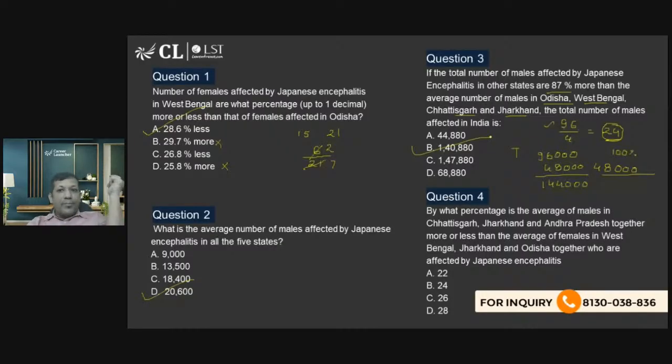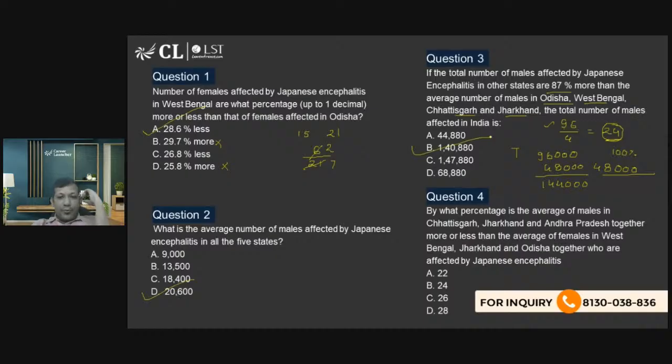When you say other states are more than 87%, then AP is part of other states only. Got it? So that's the reason AP will not be added.